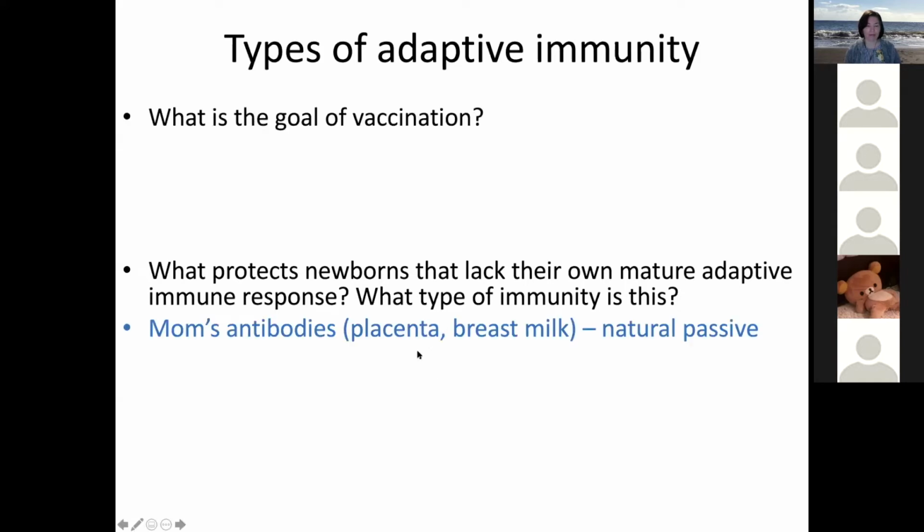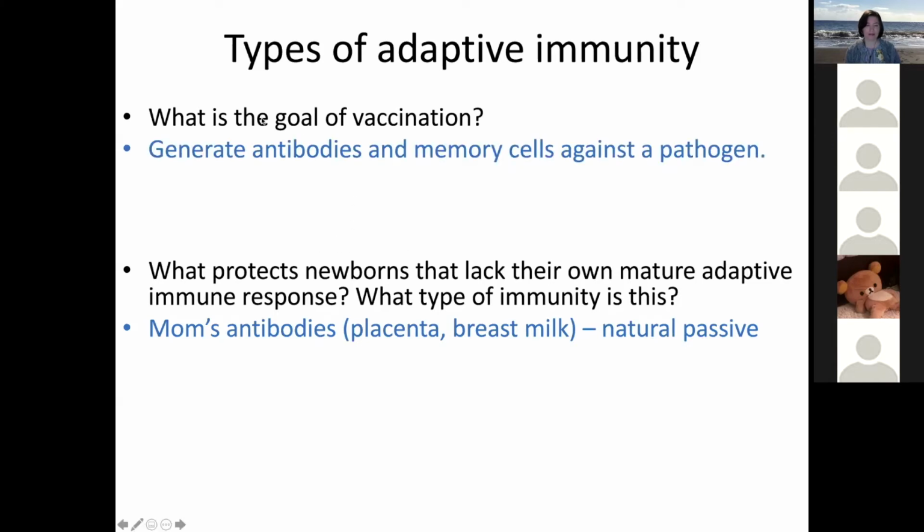Okay. When we vaccinate, what type of immunity are we trying to create? What will be considered the immunity that you get from vaccination? Yes. So what we're trying to do is generate antibodies and memory cells, and that type of immunity is considered active but artificial.